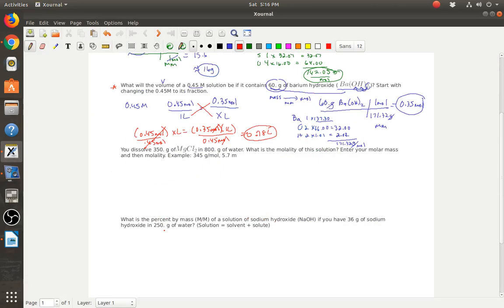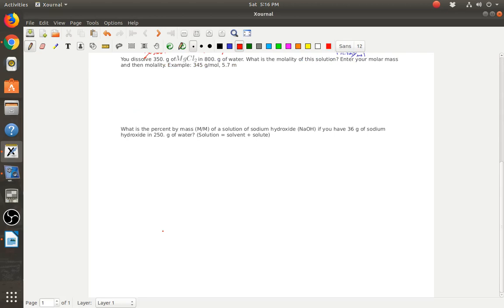Let me write this down here for a minute. We have 1.4 kilograms of C2H6O2, and we have 6.5 kilograms of water. So this one is the solute because it's the smaller amount, and this one is the solvent.